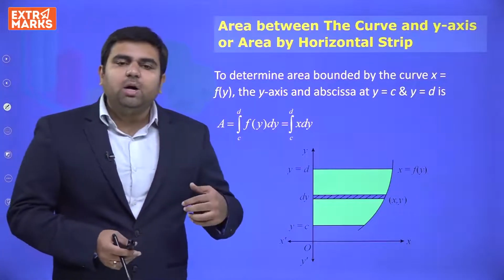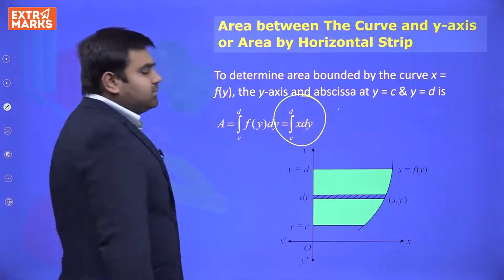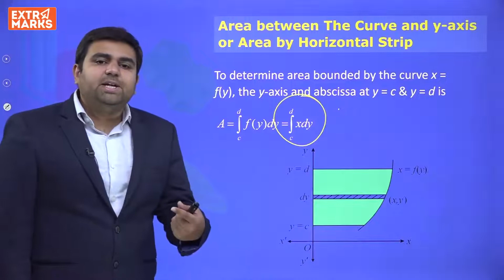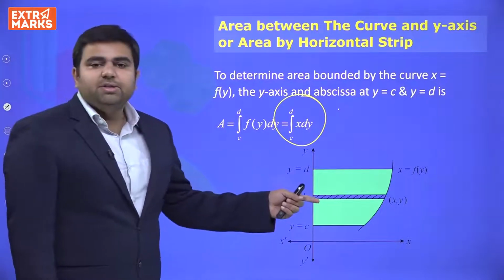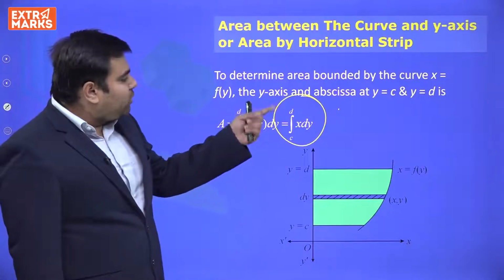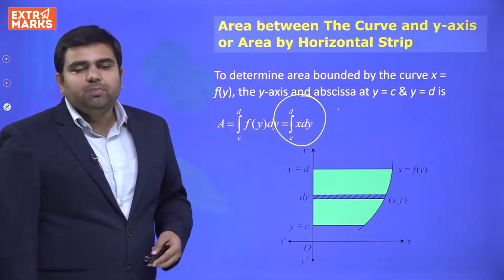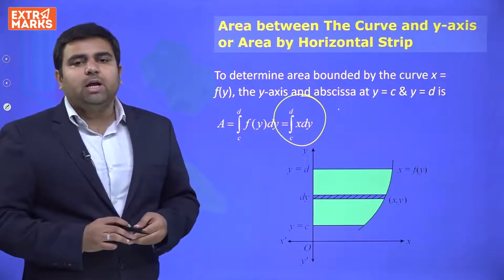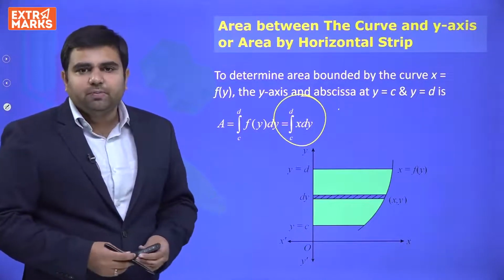So earlier the area was y dx, now the area will be x dy, between y equal to c and y equal to d. So this is really important to understand the basic difference between calculation of area with respect to x-axis and with respect to y-axis.